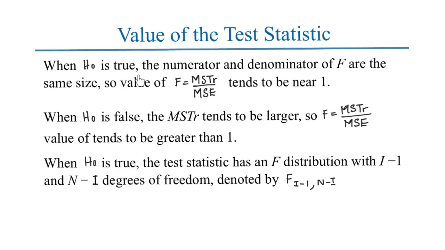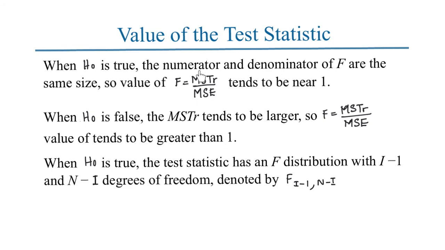When H0 is true, the numerator and denominator of F will be the same. So if you divide a number by the same number, you will get 1, right? That means F tends to be near 1. When H0 is false, MSTR tends to be larger. So this F value tends to be greater than 1.